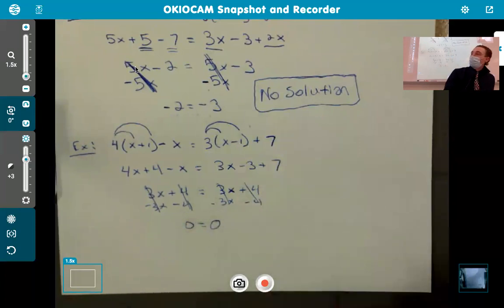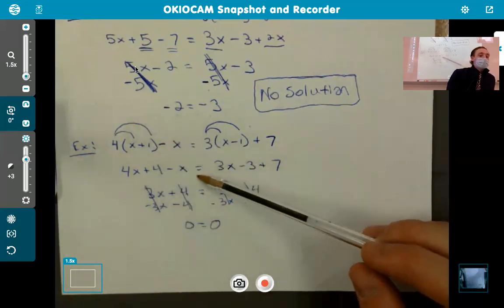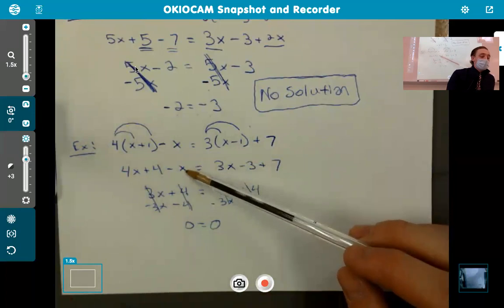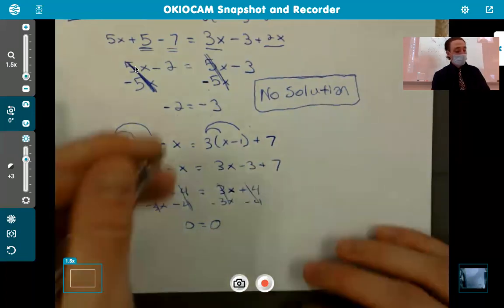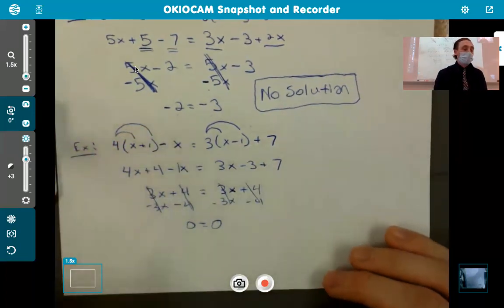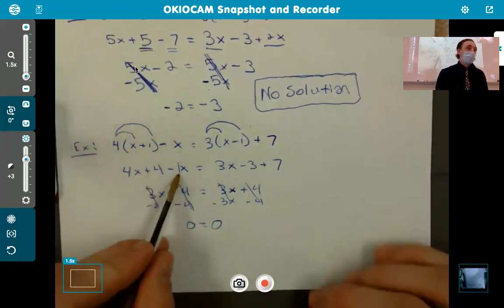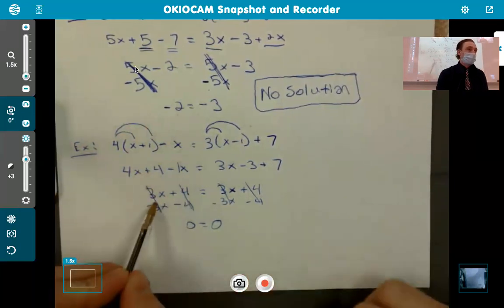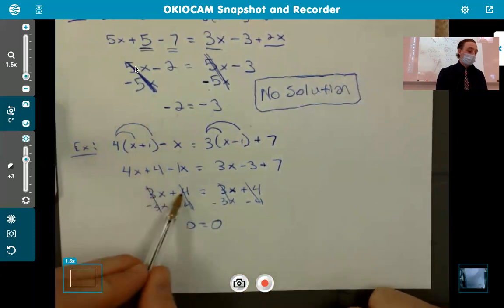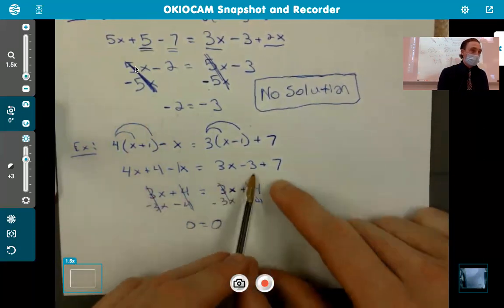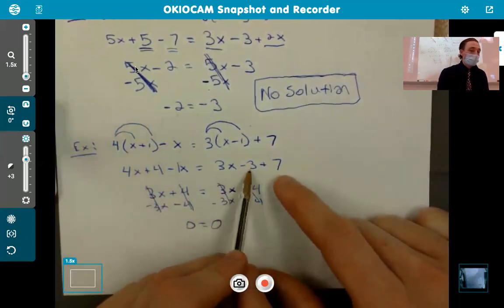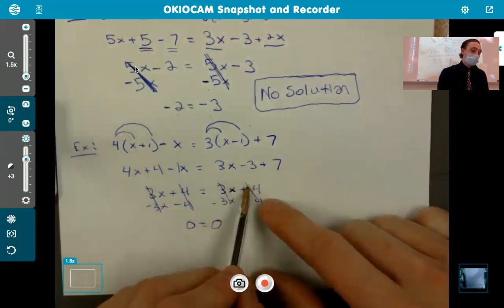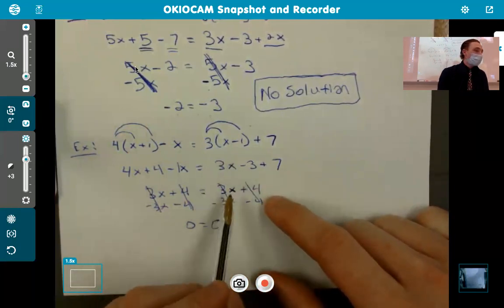See the x by itself, that minus. Oh, the minus x, this right here. So this is minus 1x. If you want to put the 1 in front, that's fine. Is that what you were asking? So it's 4x minus 1x, which gives me the 3x. So that's how I got the 3x plus 4. On the right-hand side, the only things I can combine are the -3 and 7. So I have -3 plus 7, which gives me that 4, and this 3x is by itself.